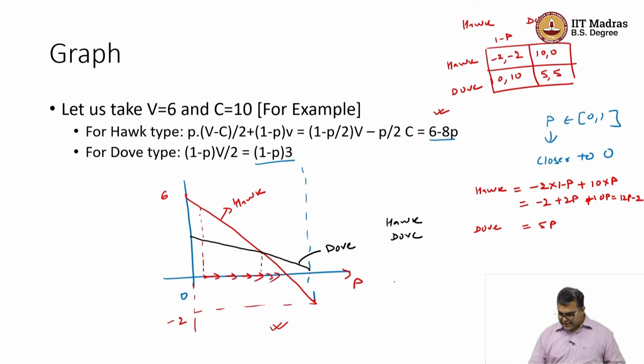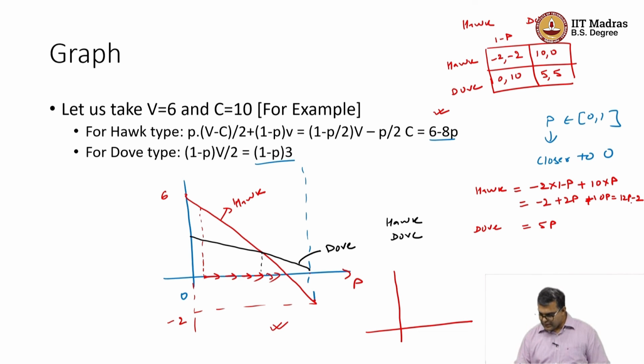How would it look like in this particular case? Again, when p is equal to 0, it is minus 2, and from minus 2 to 5 it will go. So, roughly the inverse of this image you get. So, what is going to happen?